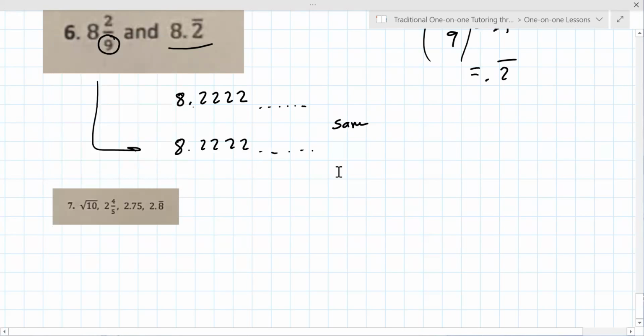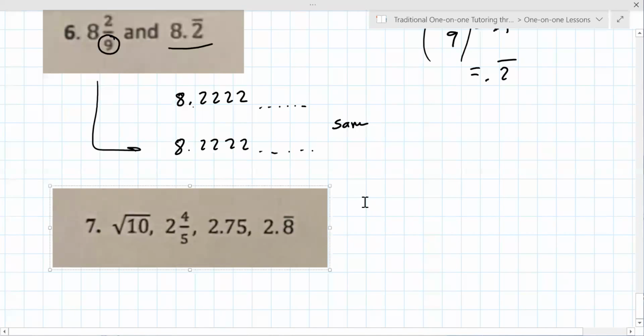Okay, for 7, 8, and some of these other ones here, what you definitely want to do is try to write them all in the same format, which is probably going to be decimal. So the toughest one is going to be the square root of 10, but this 2 4/5, do you believe me that that's 2.8? Or do you see how that's 2.8? Yeah, sure. Okay.